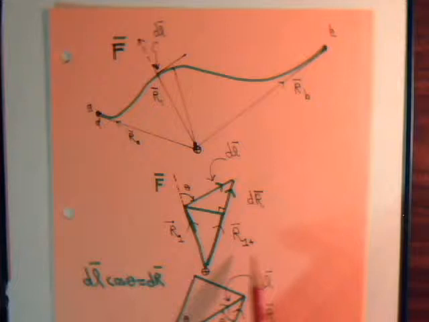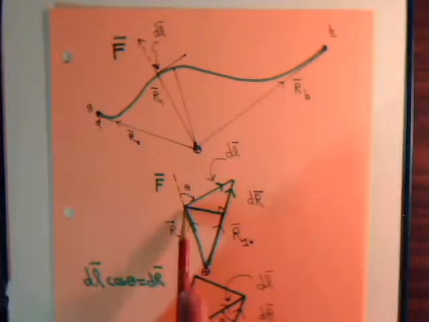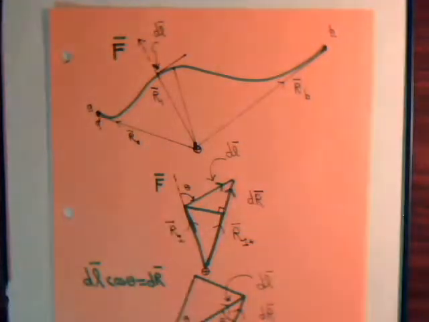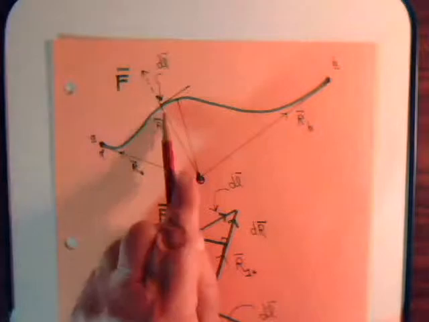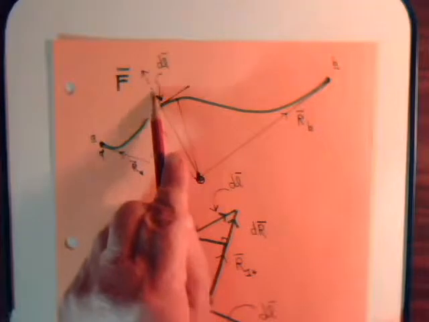R1 and R1 plus, for all essential purposes, are parallel. Here they don't look parallel because we've amplified the differential line segment, dl, because we're trying to sketch some other things in. So if the particle, say, is sitting right here, the force is in this direction.